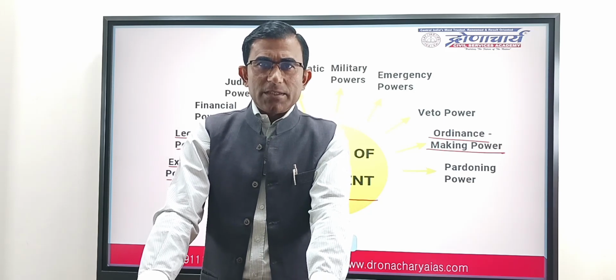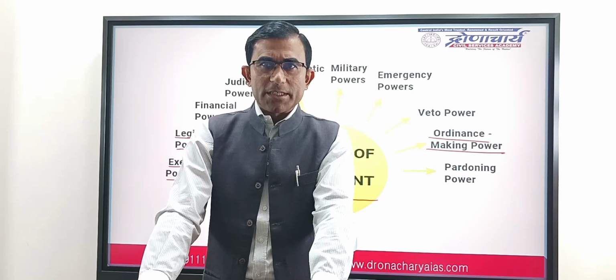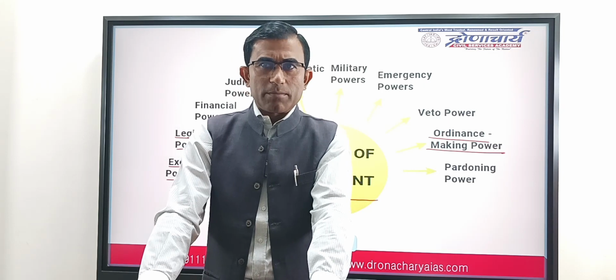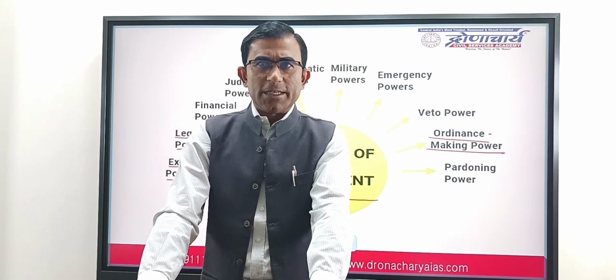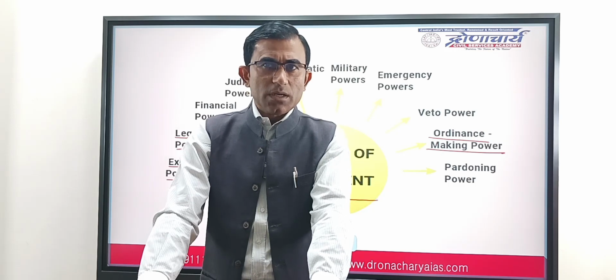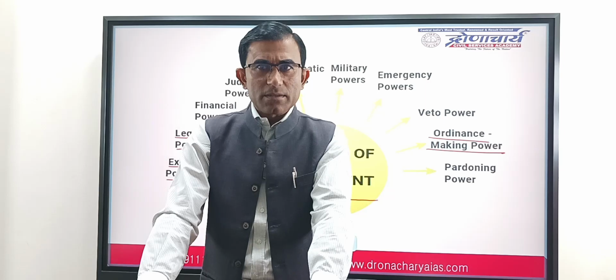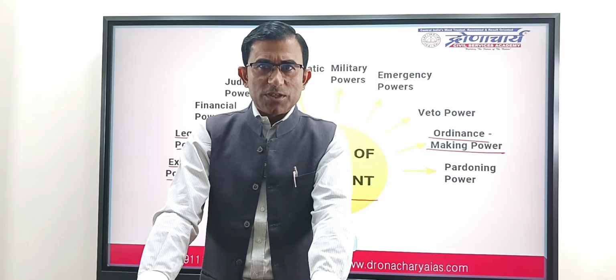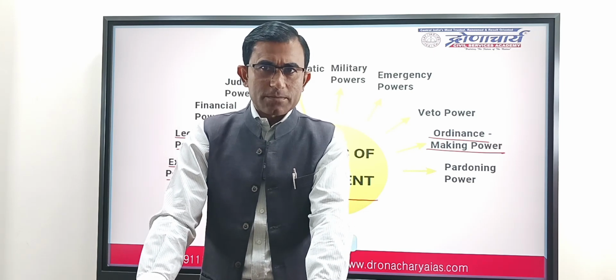When the Parliament is not in session, ordinances are promulgated in situations that need immediate action from the government. The ordinance making power is the most important legislative power of the President. The ordinance making power of the President is not a discretionary power. He can promulgate or withdraw an ordinance only on the advice of the Council of Ministers headed by the Prime Minister.